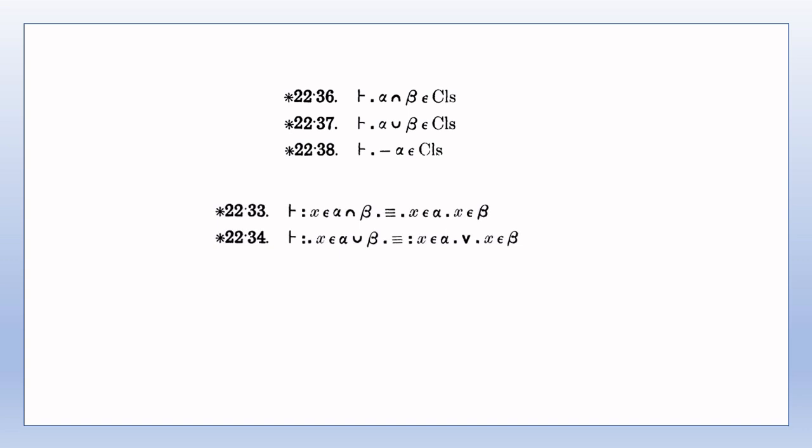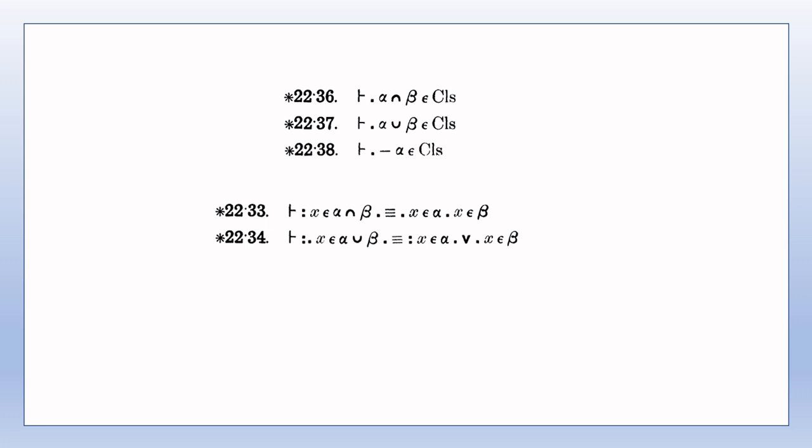In proposition 22.33, we see x appear as a real variable, and so the x that is to be an object of each of the classes alpha, beta, and the logical product of alpha and beta is the same object in each case, and so is of a particular type. Recall that the type of a class is determined by the type of the objects which are its members, and the members of a class must all be of a single type.